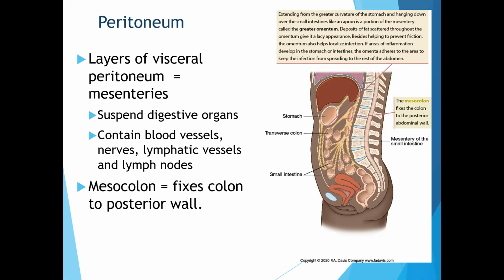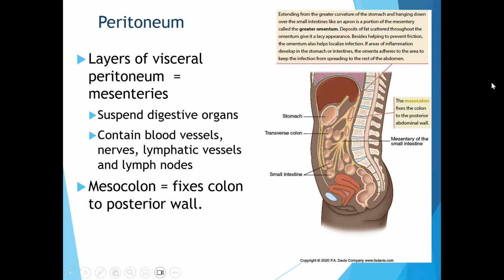It's almost like how they put packing peanuts or bubble wrap around things that they send in packages. So our mesentery kind of fills in all the spaces between our organs and helps keep them in place. It also contains our blood vessels, our nerves, our lymph vessels, and our lymph nodes. We just talked about the lymphatic system not too long ago.